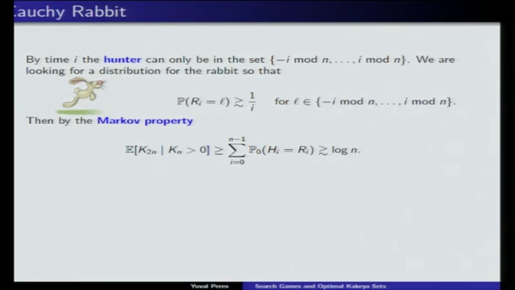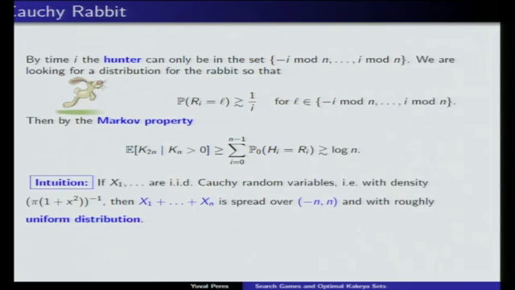And once we have this property, then we'll be able to see that the number of collisions in 2n steps, given there is a collision in the first n steps, is going to be bounded below by a sum of 1 over I, so by log n, and then we'll get that the probability of collision in n steps is bounded by 2 over log n, constant over log n.